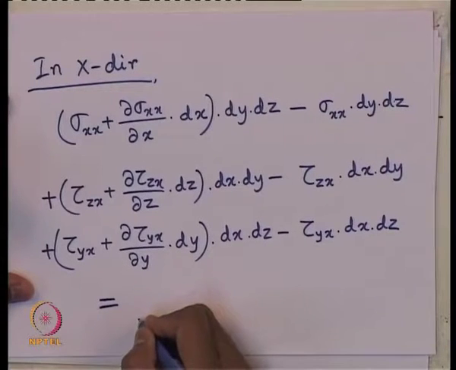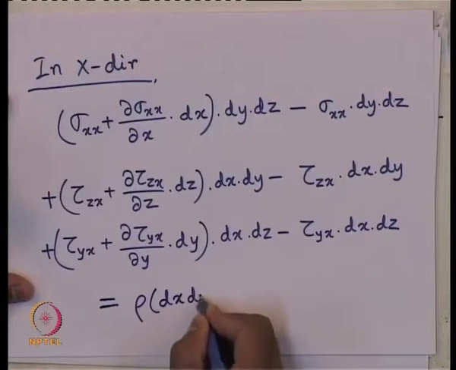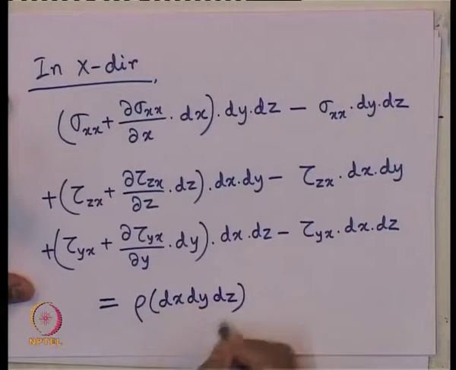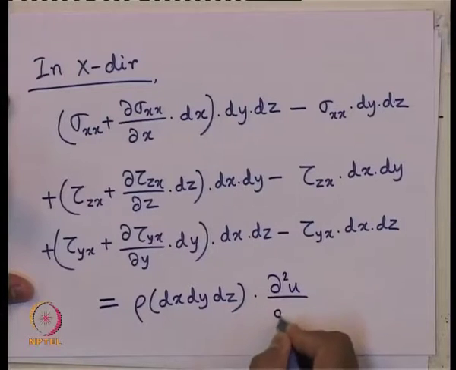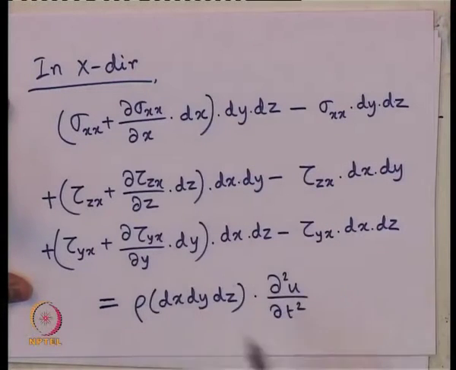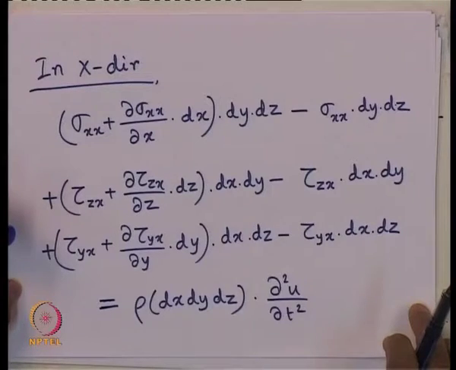Equating with the inertia, we get rho times the volume of the element, dx dy dz, which is the volume, times density gives us the mass, into del 2 u by del t square. Mass times acceleration gives us the inertia force, which will balance all these forces arising because of the travel of the wave within the element.